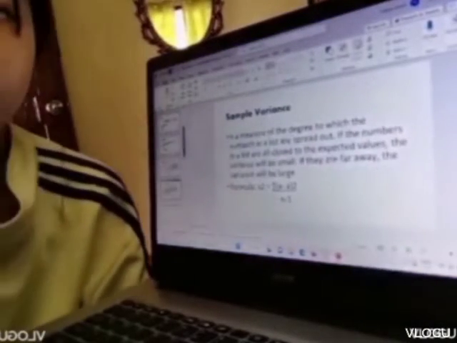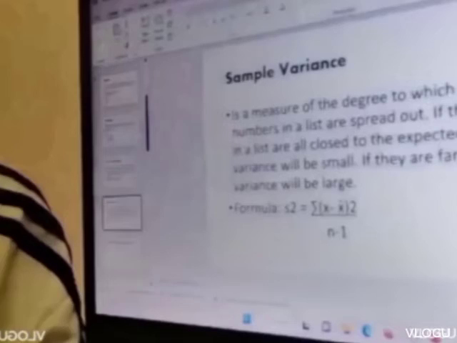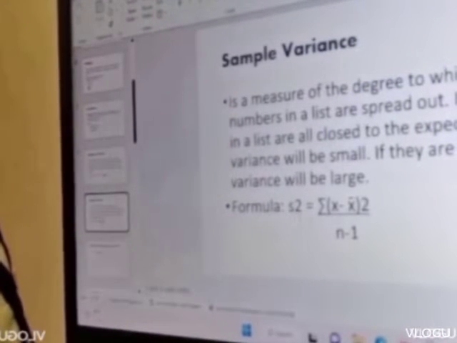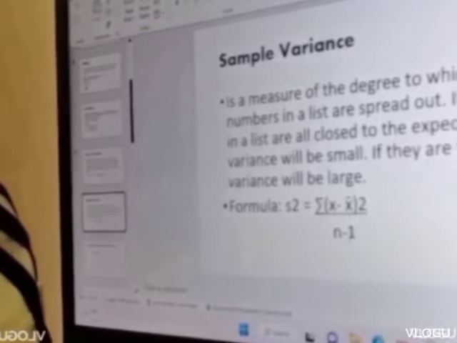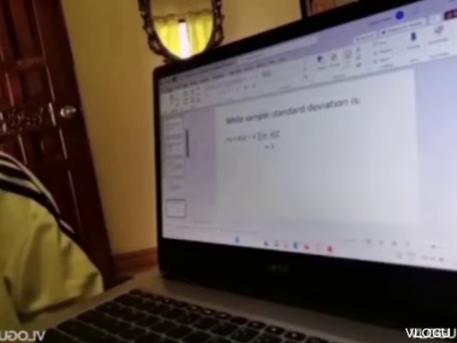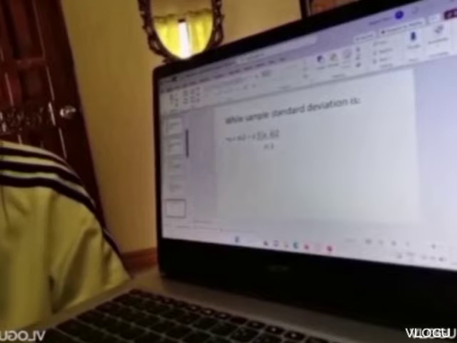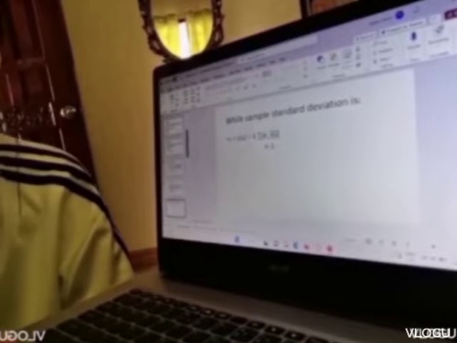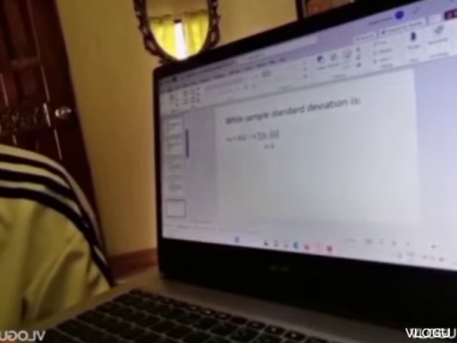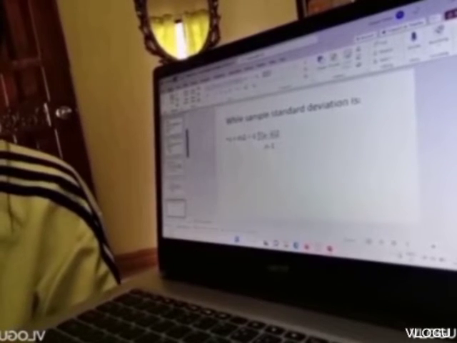The formula is S squared equals the summation of x minus the mean, squared, over n minus 1, while the sample standard deviation is S equals the square root of S squared.